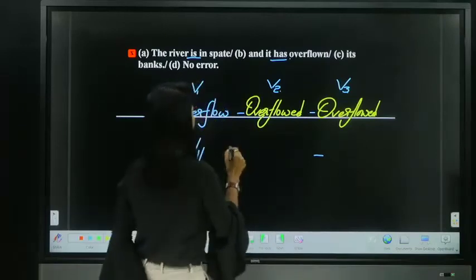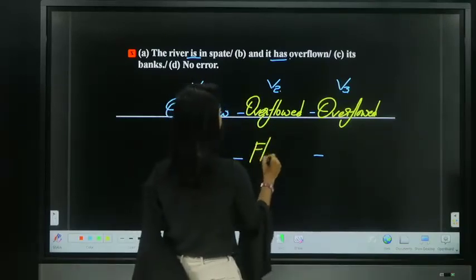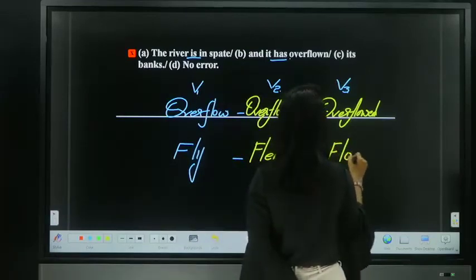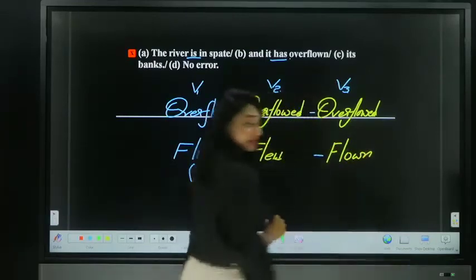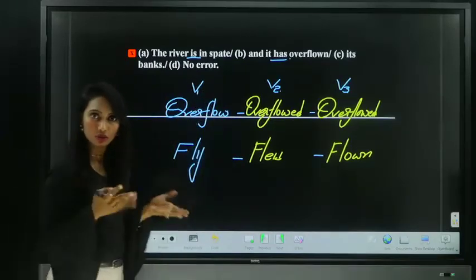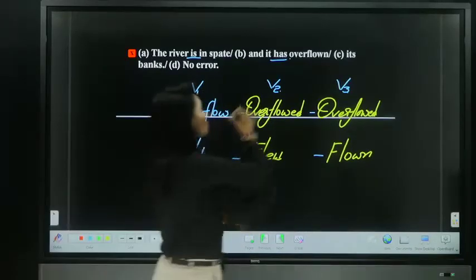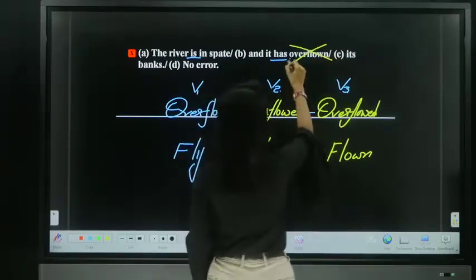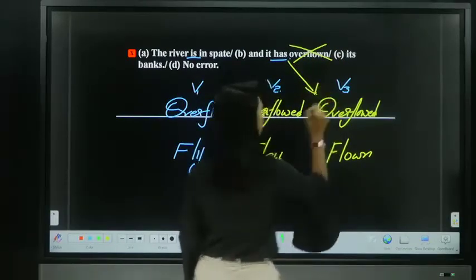For fly, fly, flew, flown. Right? So can water fly? No, it's not possible. So you cannot say overflown. It is incorrect. It should be overflowed.